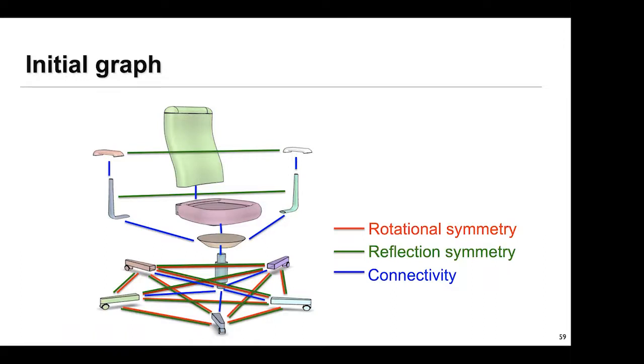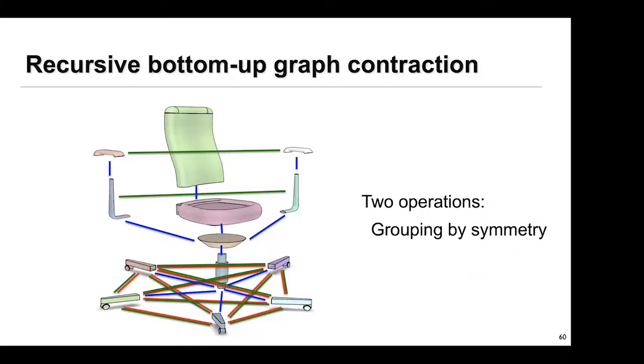Then there's another relation between the parts, which is connectivity, right? In this graph, the blue edges provide connectivity relations, the red edges give you rotational symmetry, and the green edges give you reflectional symmetry. Then we perform a bottom-up graph contraction, doing so recursively to obtain a hierarchy, a tree.